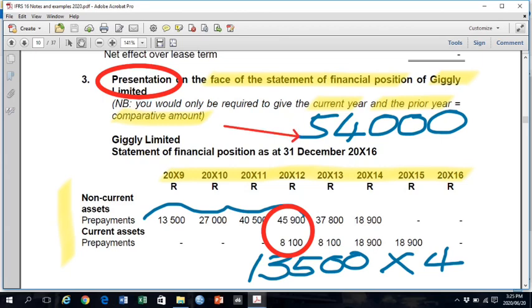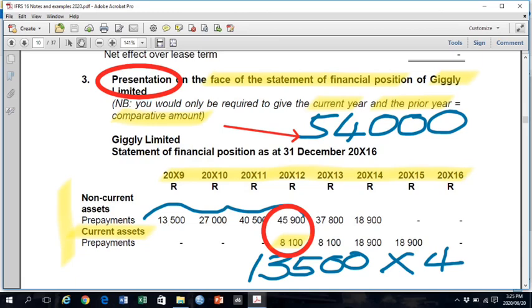But what we want to focus on in this example is the presentation of where you are showing this 8,100 as a current asset. Before we continue, let's just revise the principles of IAS 1 on the presentation of financial statements. In terms of IAS 1, all assets and liabilities must be presented on the face of the SFP as either non-current or current.